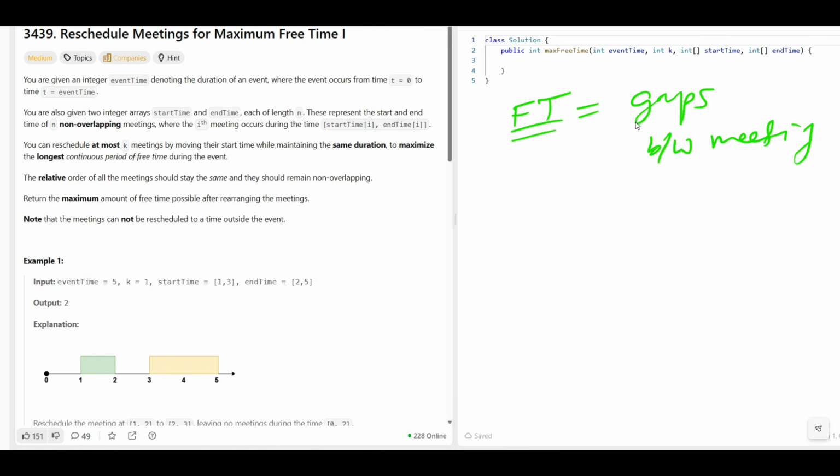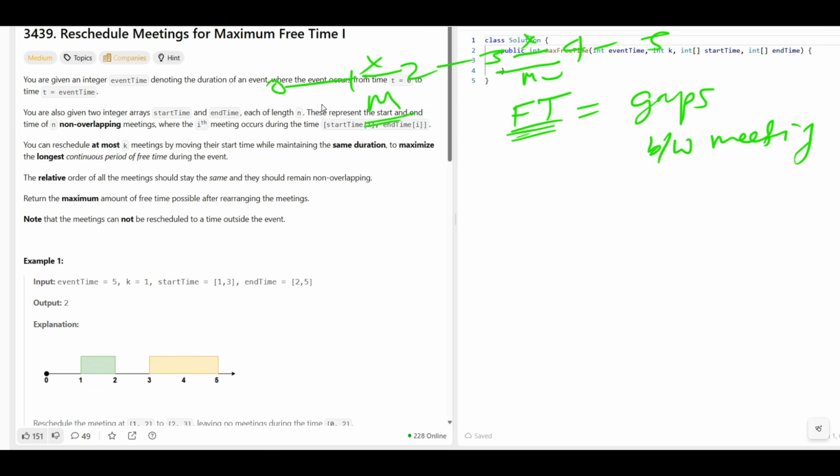If it's 0, 1, 2, 3, 4 and 5, any meeting that comes takes the space. We cannot utilize this space. If any meeting M2 is coming, we cannot utilize the space. So any meeting takes up space on this timeline, and the free time is the gap between meetings.